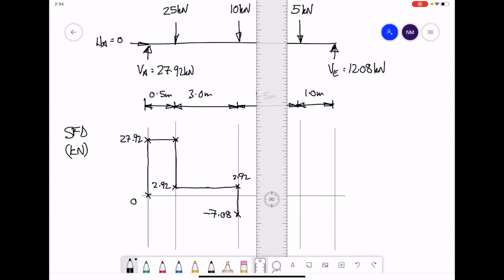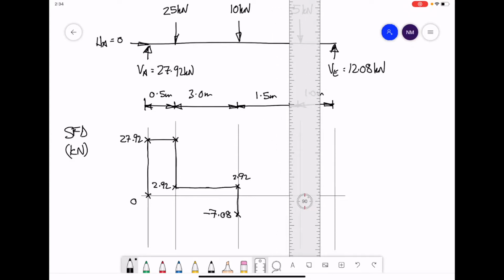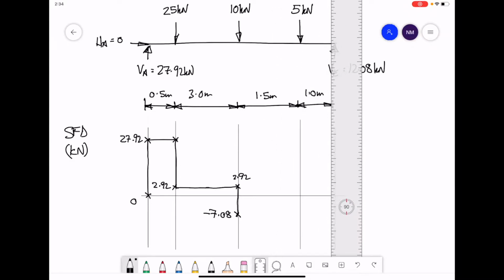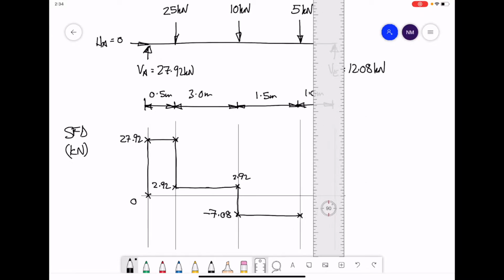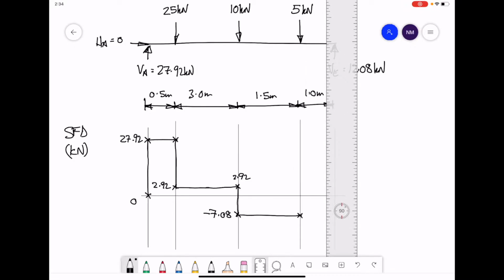Move through the next section. The total force from the left stays the same at minus 7.08 until we come to the point load, the 5 kilonewtons, and that will cause a further drop of 5 to give us a value of minus 12.08.